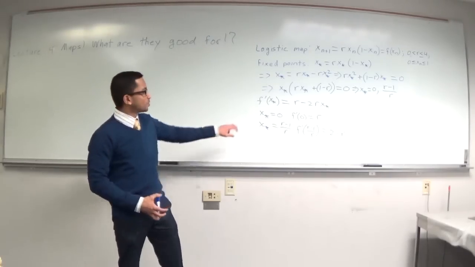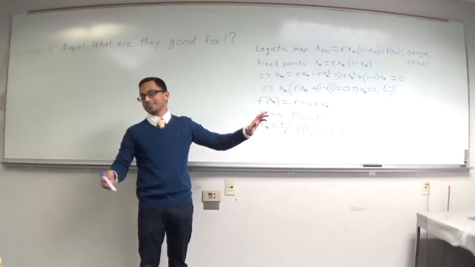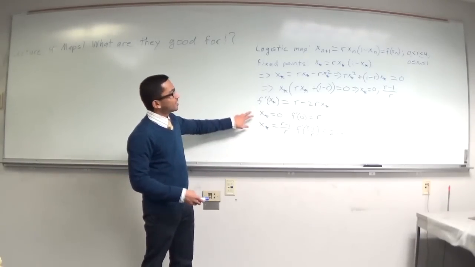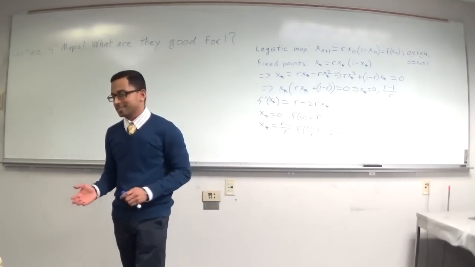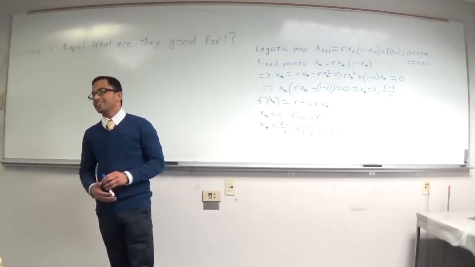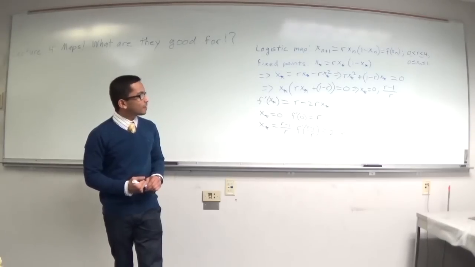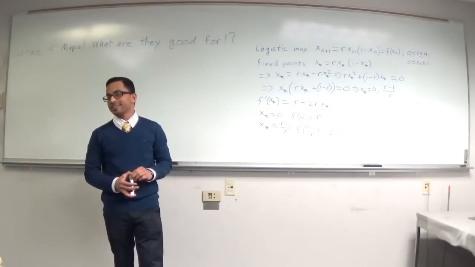Maybe I should say the center case. When it's 1. So when R is 1, the linear stability analysis isn't going to give us the information, so we'll see what to do when the linear stability analysis fails.